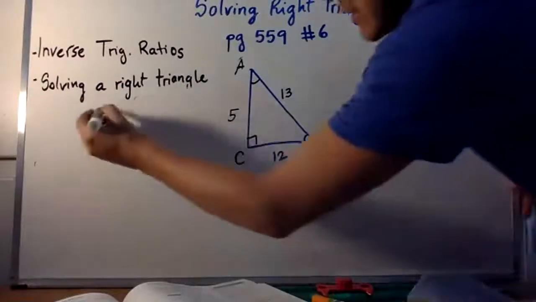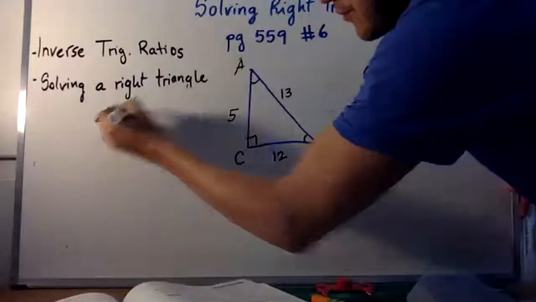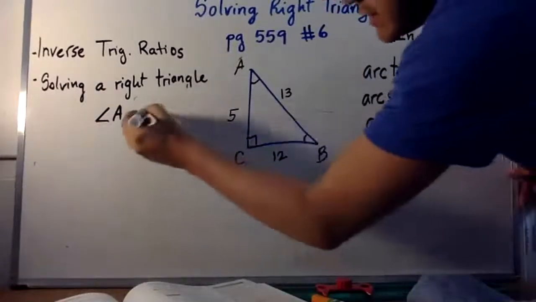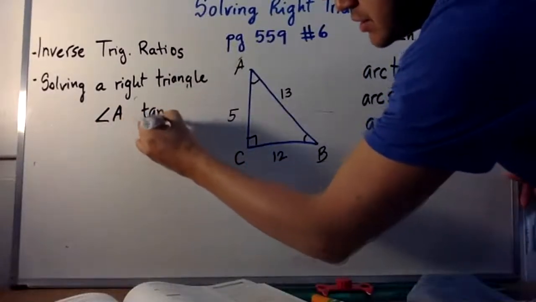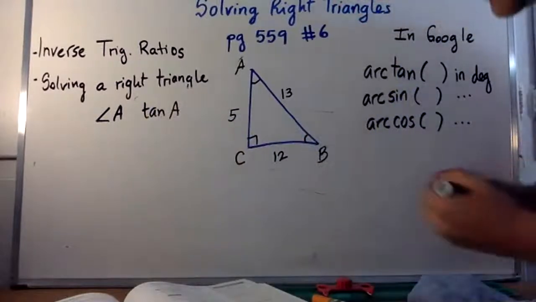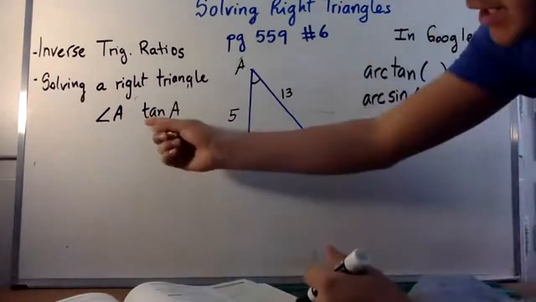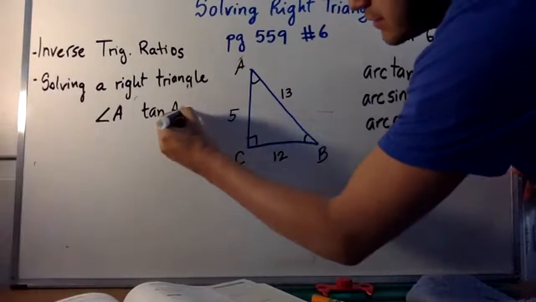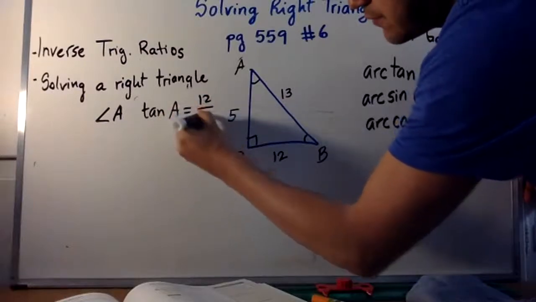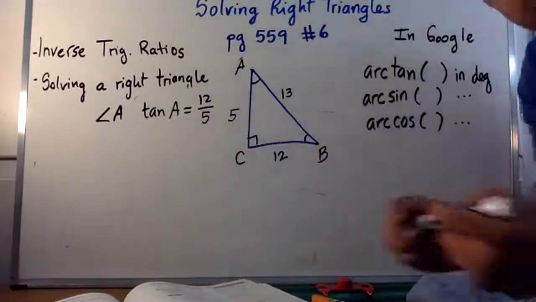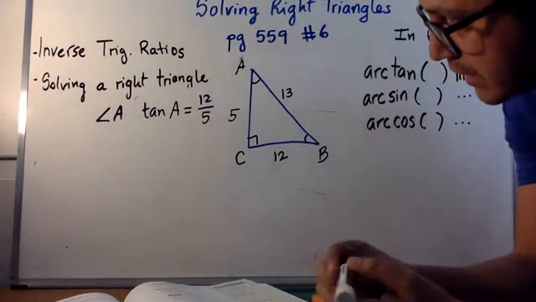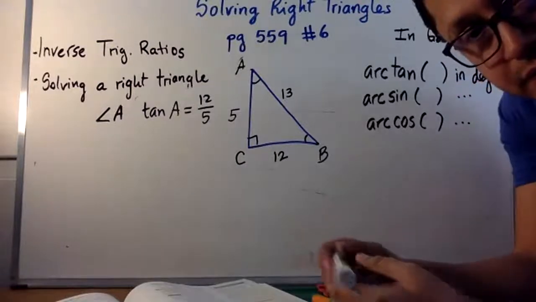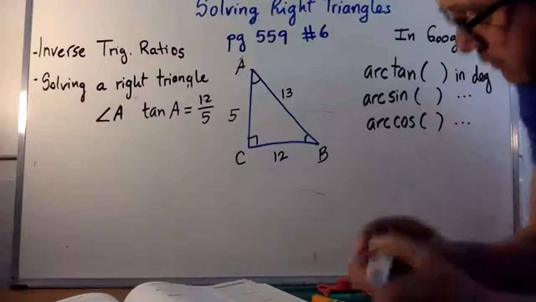If I am standing on angle A, for example, I can say that by definition tangent of A is 12 over 5, correct? Then let's continue with the other 2, and hopefully you are doing that from home as well.